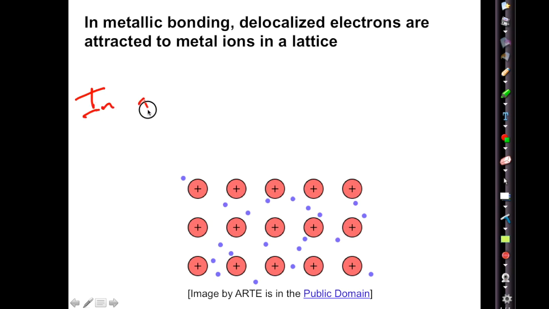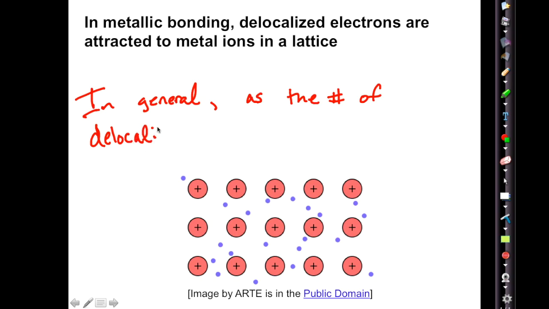In general, always exceptions, but in general, as the number of delocalized electrons increases, we see an increase in metal strength.